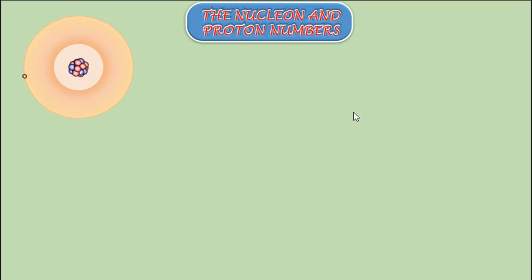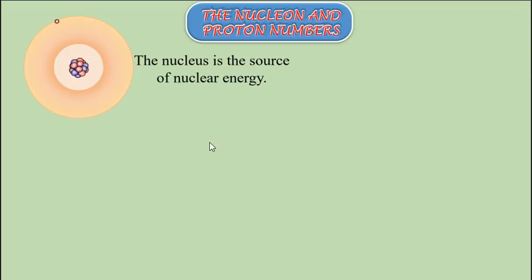The nucleus is the source of nuclear energy. That's why we are concentrating all our attention on the nucleus, because this is the source of nuclear energy. Now, as you can see the nucleus at the center of this atom, it contains 2 particles. And what are those particles?